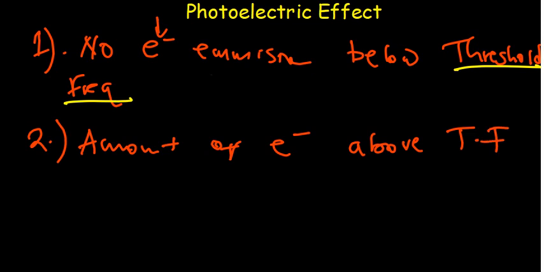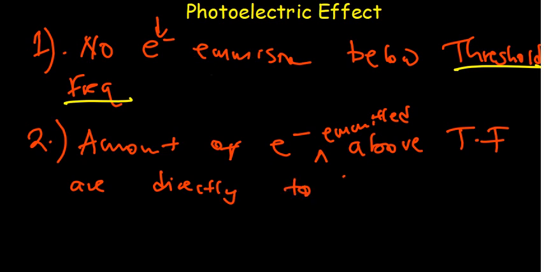I'll go again. The amount of electrons emitted above the threshold frequency is directly proportional to the intensity of the light. I believe you understand the intensity of light: light can have high intensity and low intensity.